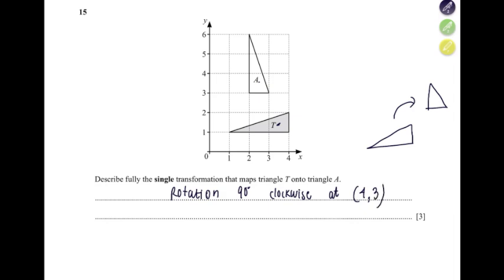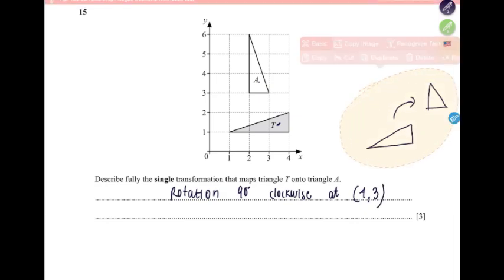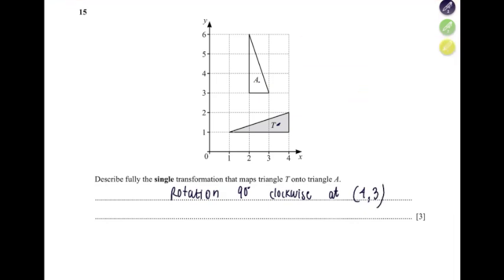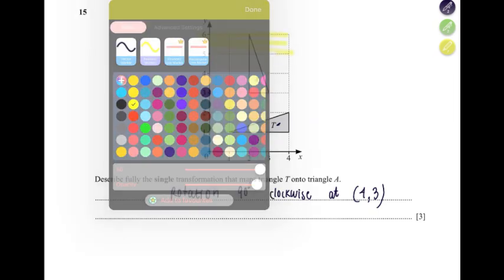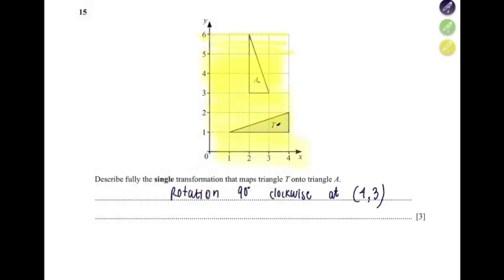To do that, I use tracing paper. We put the tracing paper on top of our paper. Then we draw the triangle on the tracing paper, and do some trial and error to see at which point, in our case 4, 3.